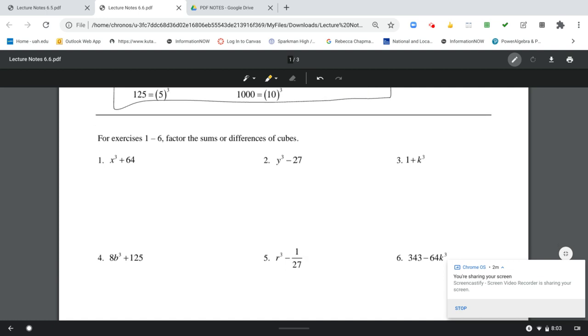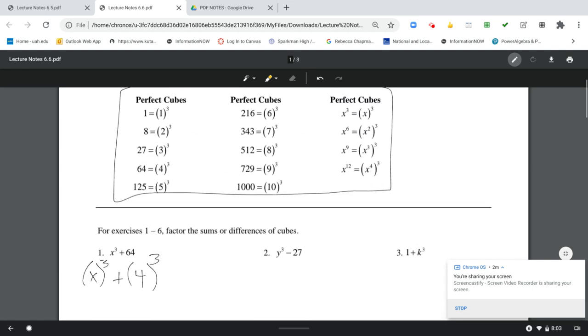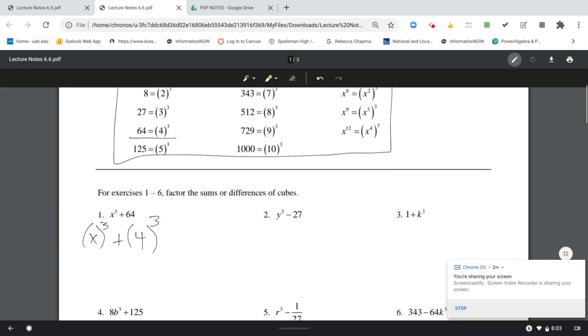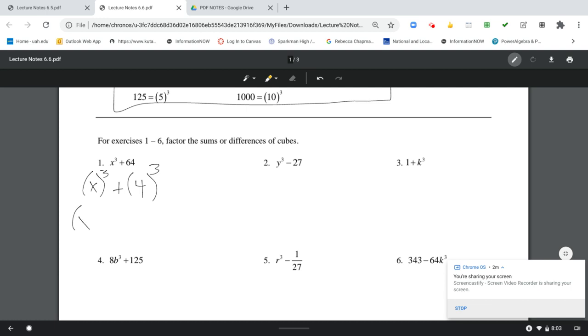Okay. So this time I need to break up the cube. Now, the square root of 64 is 8, but the cube root of 64 is 4 to the third power. It's up here in my list. See how 64 is the same as 4 to the third. So my binomial factor is x plus 4. And then I have to take care of the a squared minus ab plus b squared.